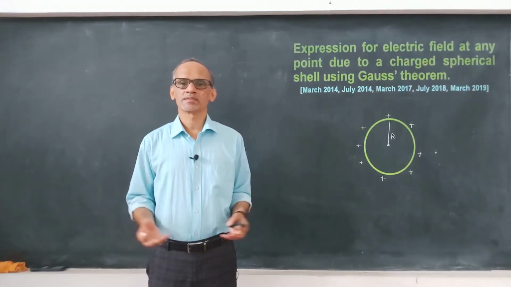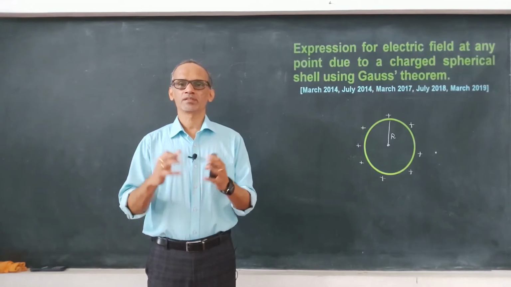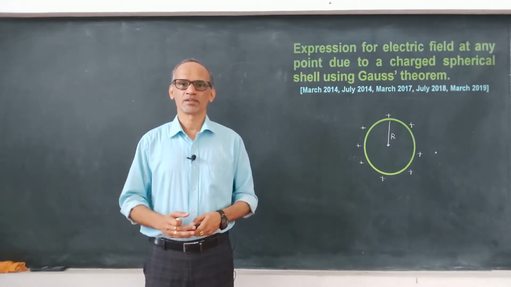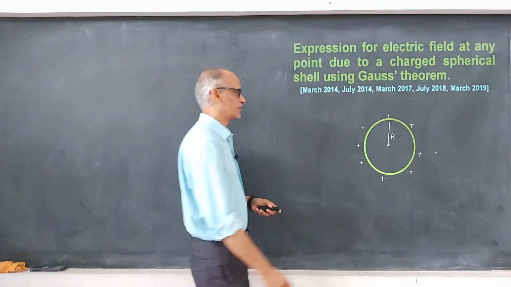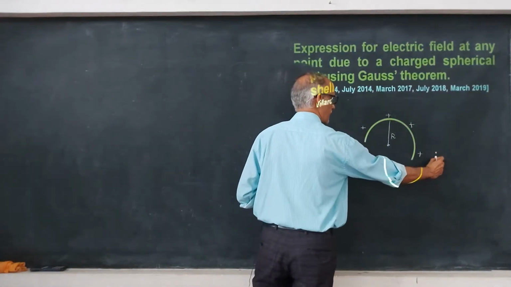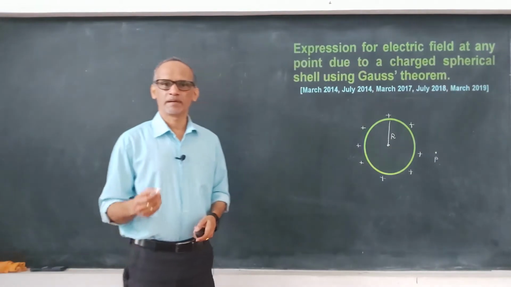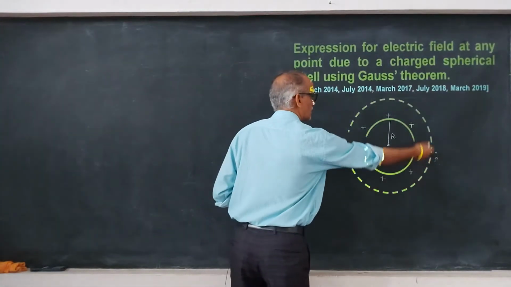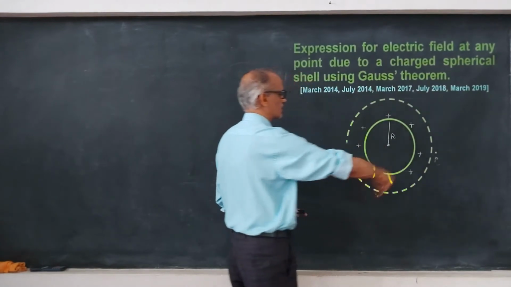To apply Gauss theorem, we need a Gaussian surface, which is an imaginary surface enclosing the charge. So, I am going to consider a point P here, and passing through that point, I am going to assume a Gaussian sphere. It is imaginary, so it has to be a dotted line.